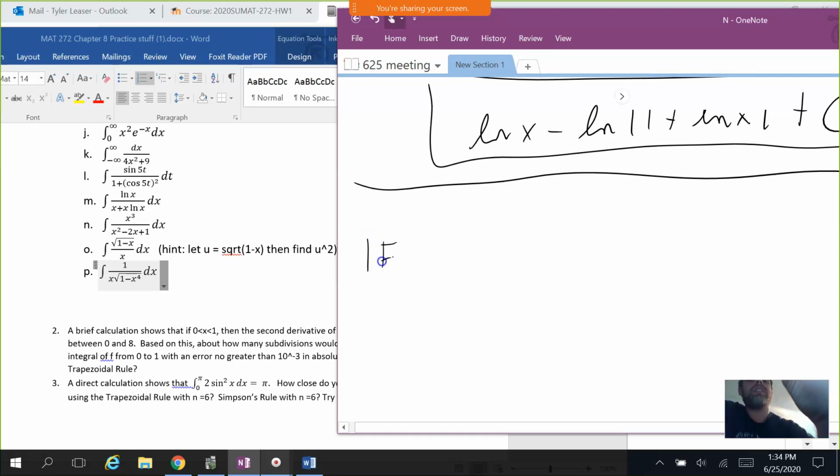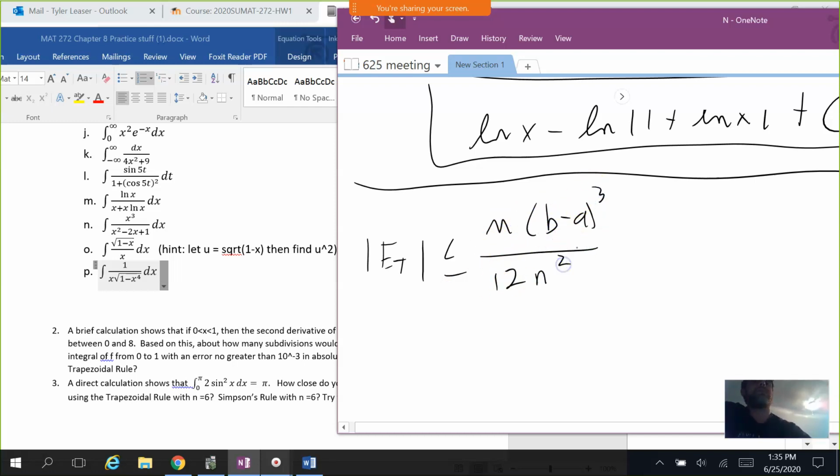Okay, for this, because we're looking at errors of the trapezoid rule, we'll just copy down the formula. And what we want is to bound this entire thing by 10 to the negative 3. 10 to the negative 3 is 0.001, just moving that decimal over 3 times.